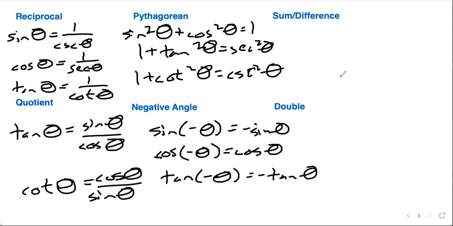Sum and difference identities, I'll go ahead and type this up a little bit. Ready? So we've got sine of A plus B is equal to sine A cosine B plus cosine A sine B. However, that's the sum identity.